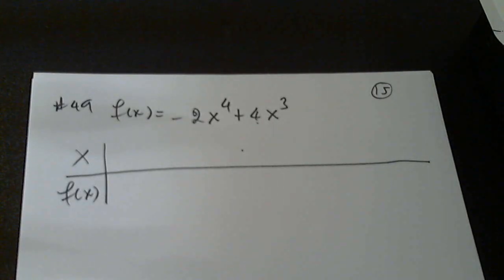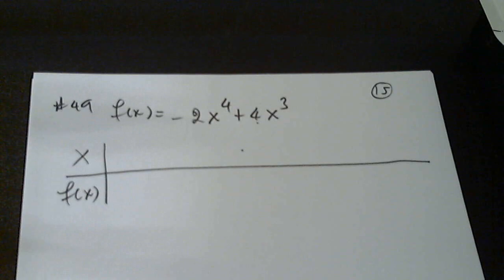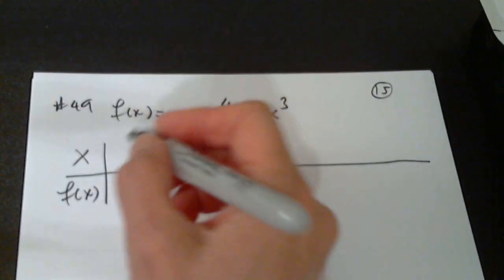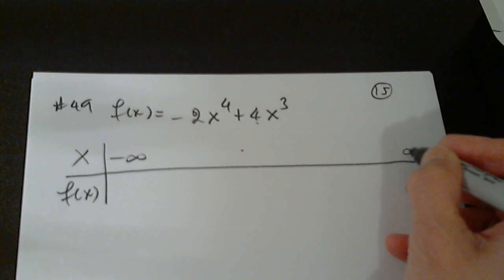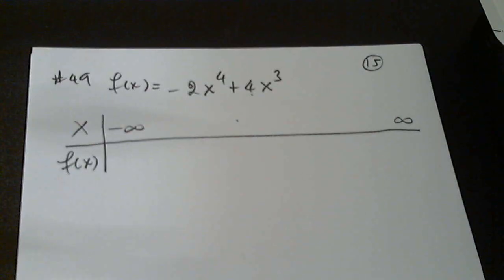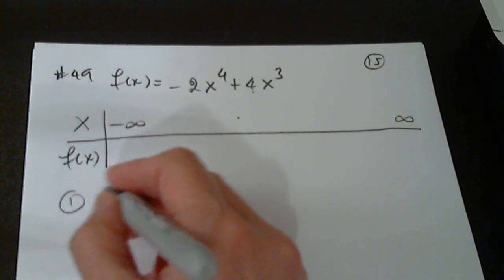Okay, now we start with the domain, of course. Can anyone give us the domain of this function? It's a polynomial. So the domain, -infinity to infinity. Okay, number 1, degree.